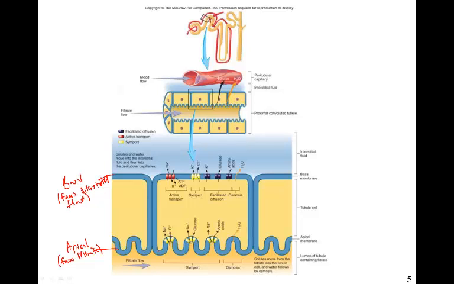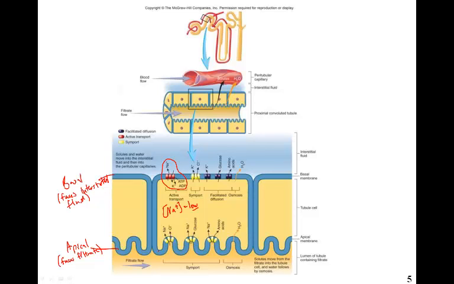And the idea is that sodium concentration inside the cell is low. The reason it's low is that here in the basal membrane we have our old friend, the sodium-potassium pump.